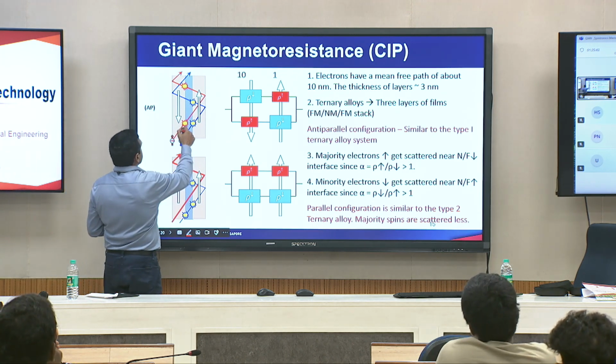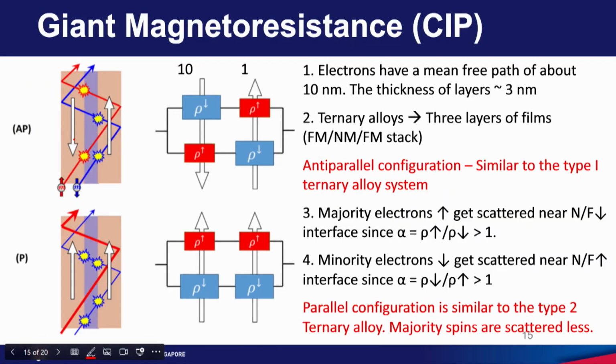Okay, let us say this is one ferromagnetic layer, this is another ferromagnetic layer, and the blue is the spacer layer. So, in the current in plane scheme we are sending current along this direction, electrons along this direction.